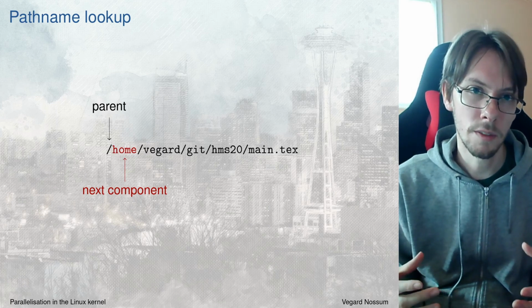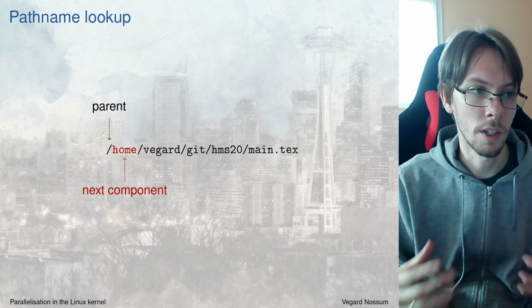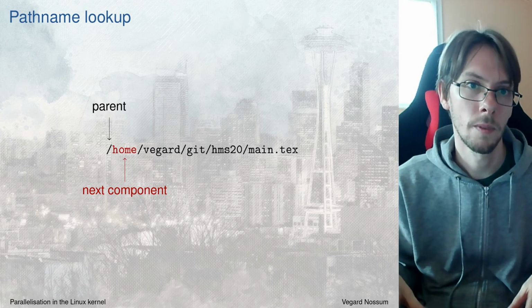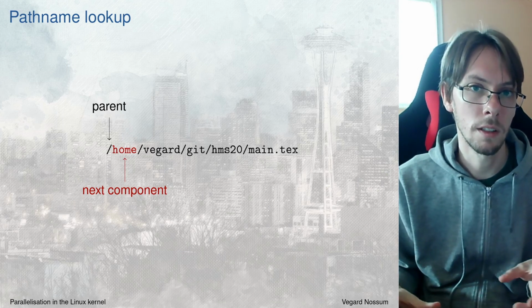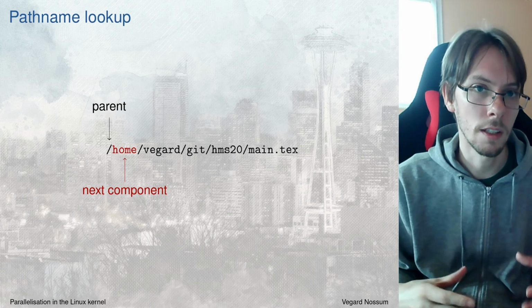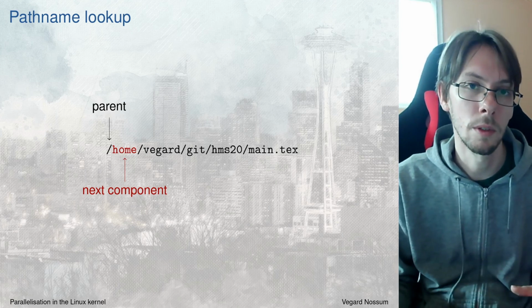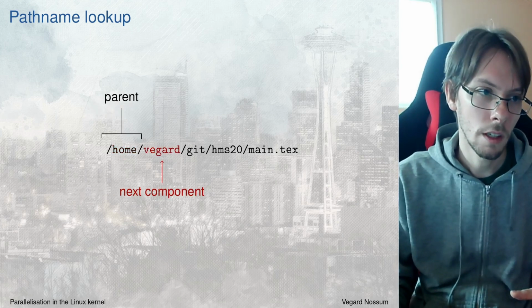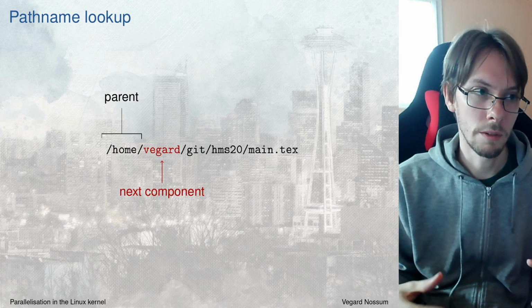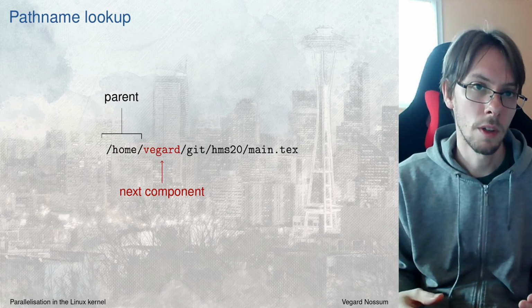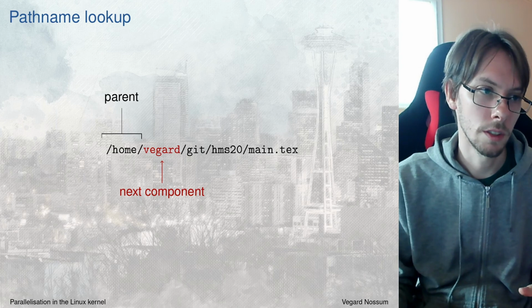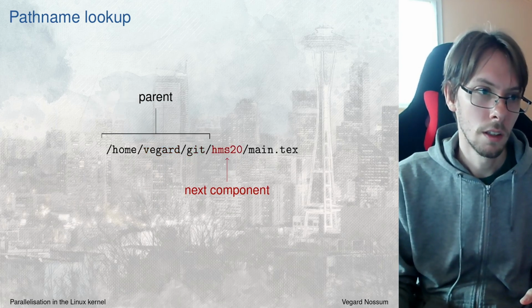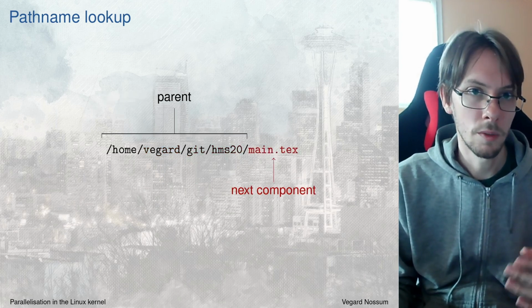You'll also have the name of the next component that you're trying to look up, and that's a string. So you hash these two together, and you use the resulting number as an index into the directory entry hash table. And as you descend down the path, you repeat this process of looking up the next component and continuing the search. You just repeat it for every component.